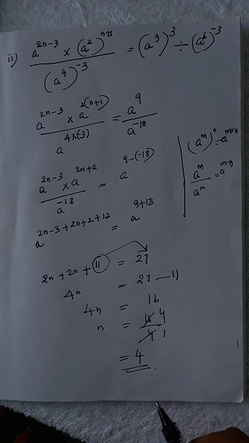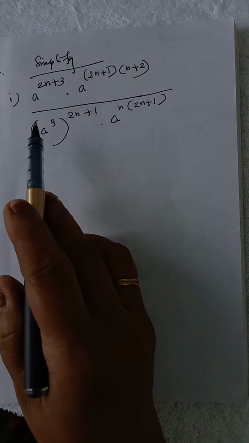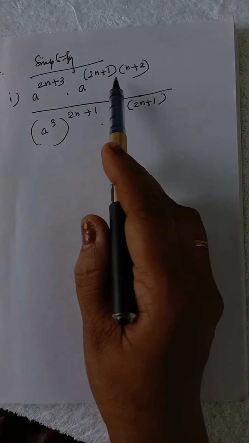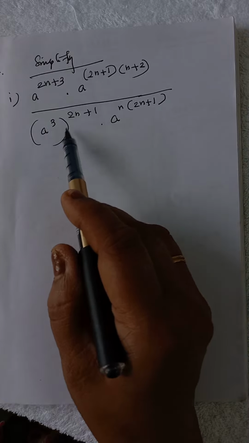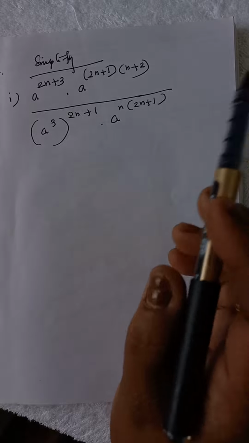That is the answer. Now the 14th question is simplify. In that the first sub question is (a^(2n+3) × (a^(2n+1))^(n+2)) / ((a³)^(2n+1) × a^(n(2n+1))).